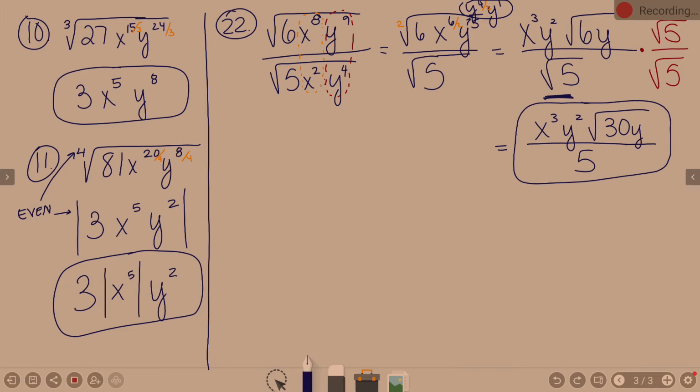Okay, guys, at that point we're done. No radicals on the bottom anymore. No perfect squares under the radical. 30 and y have no perfect squares in them. And x cubed, y squared are good outside. Nothing that can simplify outside. I know, there's a lot of simplifying in that one.